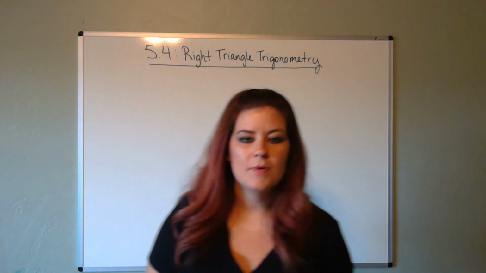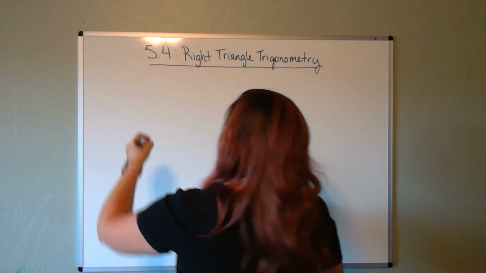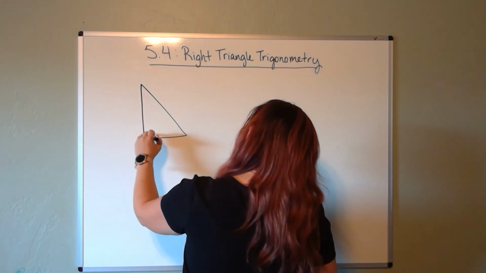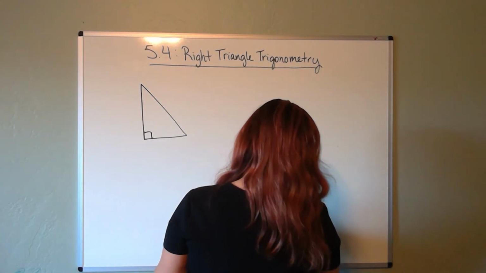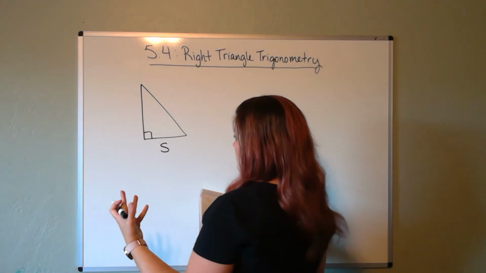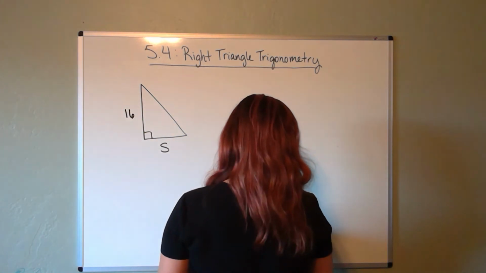Okay, so you guys, let's look at this problem. I have a triangle with a missing side length. I've got an S. So you guys, I don't know what this side is. It just told me it was side S. This long leg here is 16.